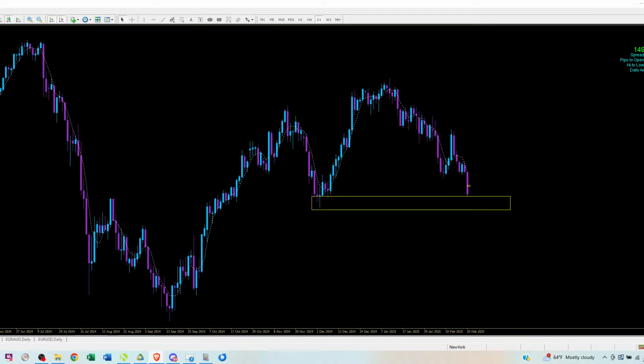So just trade them cautiously. Maybe wait and see what happens from here to see if you get any at least short-term upside moves to take advantage of. But I'm going to probably hold off trading any of these yen crosses short.